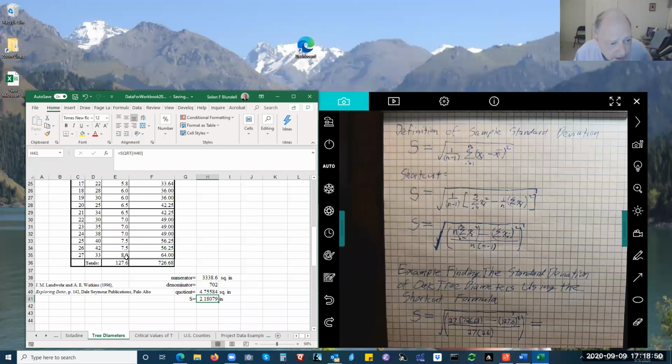So the original data was accurate to the nearest 1/10 of an inch. So my sample statistic is going to be reported to the nearest 100th of an inch.